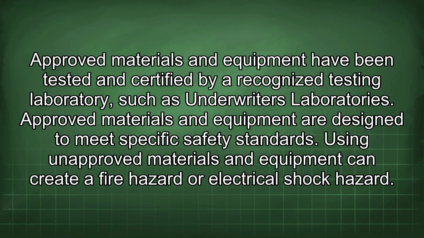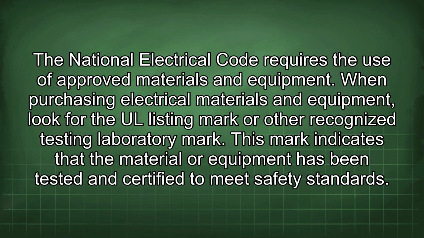Using unapproved materials and equipment can create a fire hazard or electrical shock hazard. The National Electrical Code requires the use of approved materials and equipment. When purchasing electrical materials and equipment, look for the UL listing mark or other recognized testing laboratory mark. This mark indicates that the material or equipment has been tested and certified to meet safety standards.